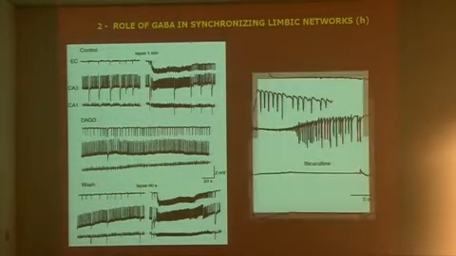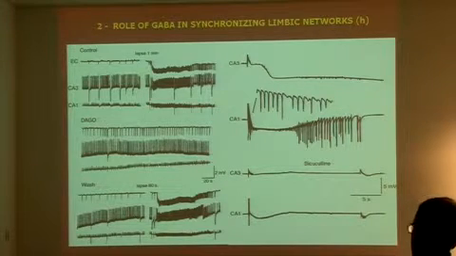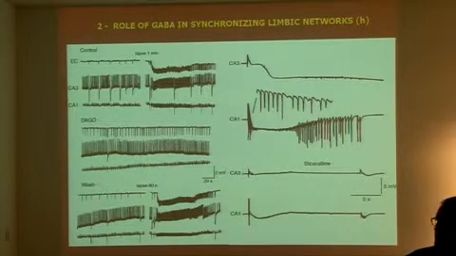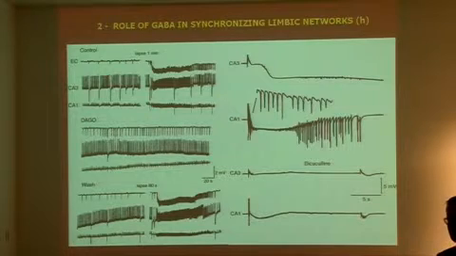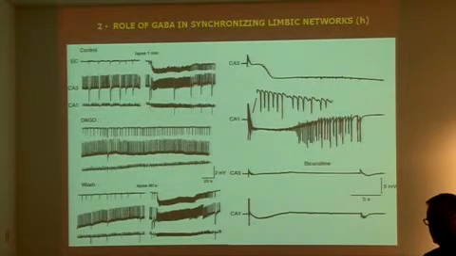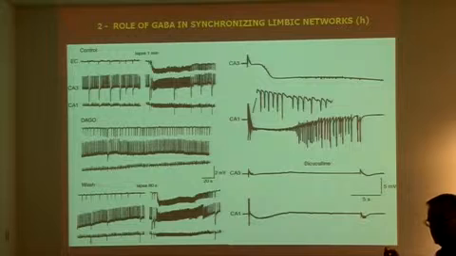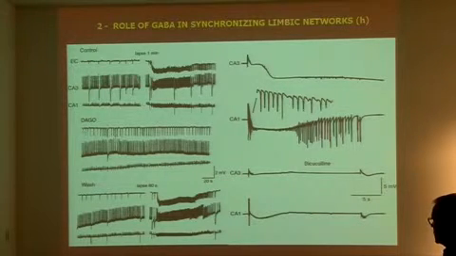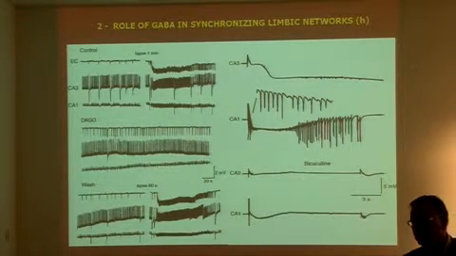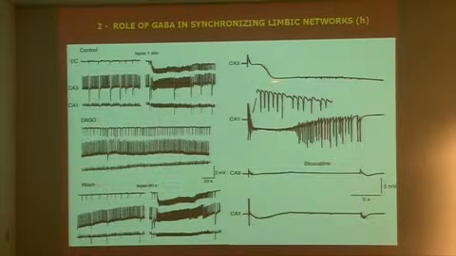Again, going back to my friend Rudiger Köhling and another friend of mine called John Jefferys, they showed the same in a different preparation. This is zero magnesium, this is hippocampal slice, and what John and Rudiger did was to show that under control conditions, you can have prolonged ictal discharges that are blocked by bicuculline, which is another GABA A receptor antagonist.